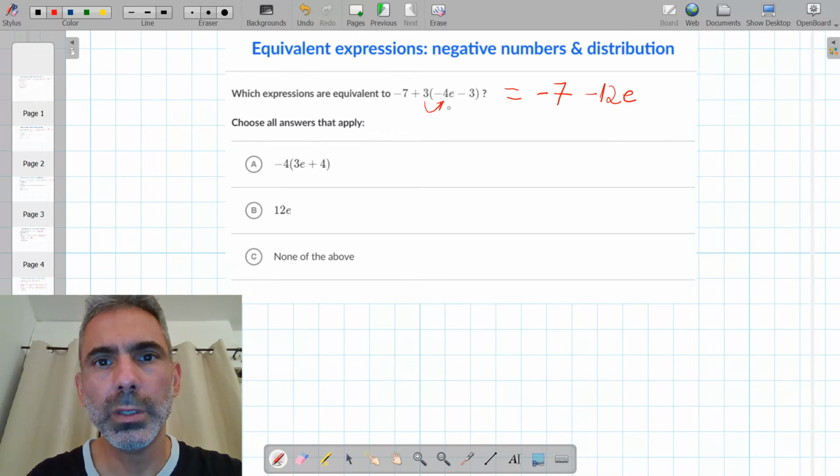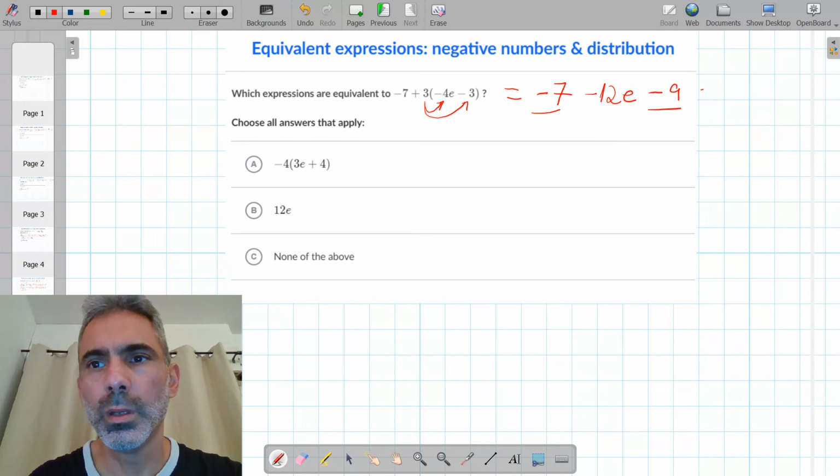And positive 3 times negative 3 is minus 9. And then we can combine these two terms. So a negative and a negative, we add the 9 to the 7, so we have 16, and the result is negative because both terms are negative. So we have negative 16 minus 12e.